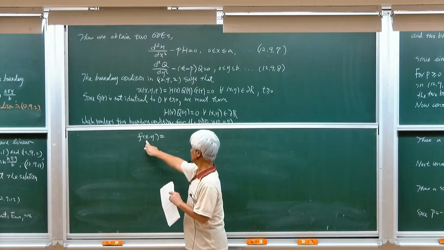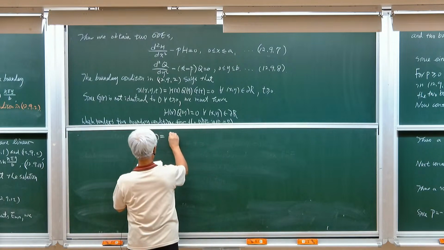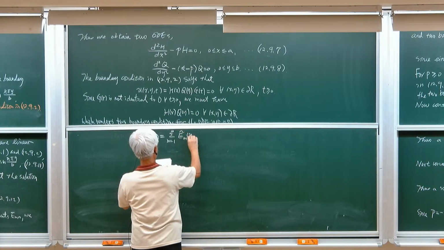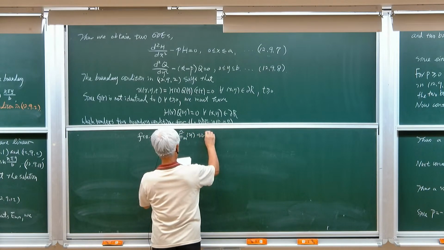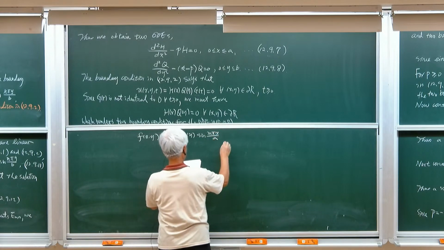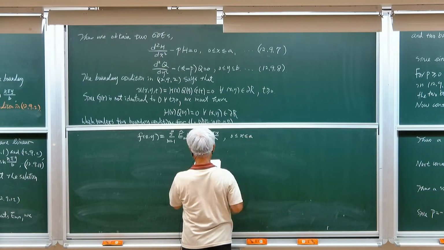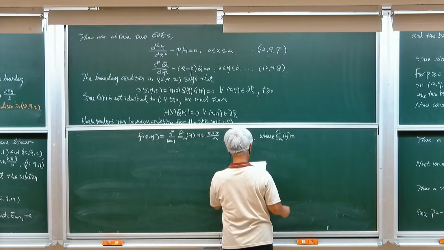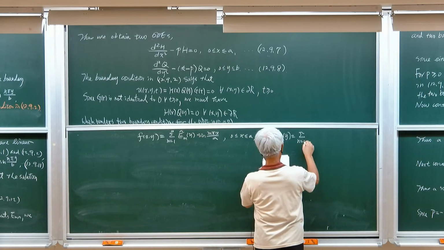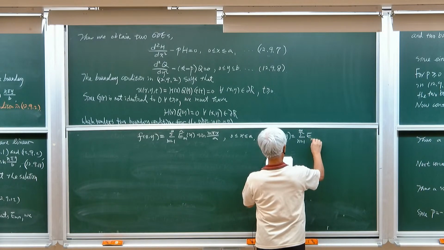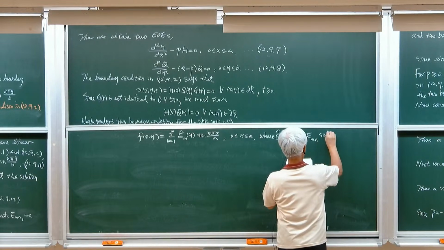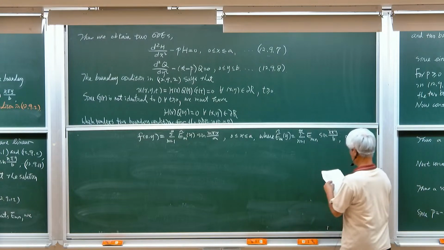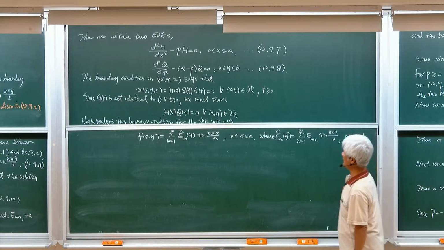We fix y, so we regard this as a function of x only, and so we have E_m tilde(y) sine m pi x divided by a, where E_m tilde(y) is equal to the sum from n equal to 1 to infinity of E_mn sine n pi y divided by b.